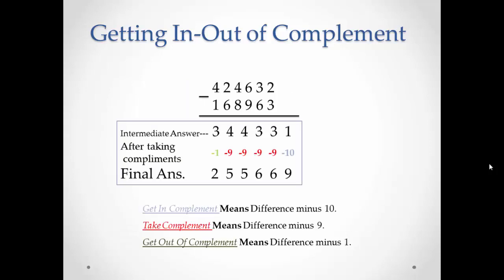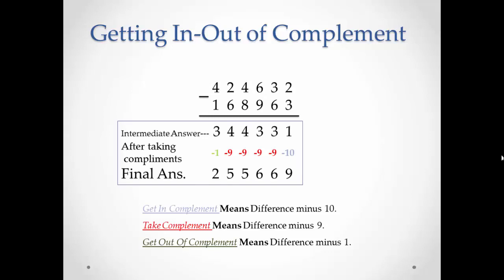Let's take another example: 424632 minus 168963. For the intermediate answer, we've directly taken the differences of the digits. 2 minus 3 is 1, 3 minus 6 is 3, 6 minus 9 is 3, 4 minus 8 is 4, 2 minus 6 is 4, and 4 minus 1 is 3.